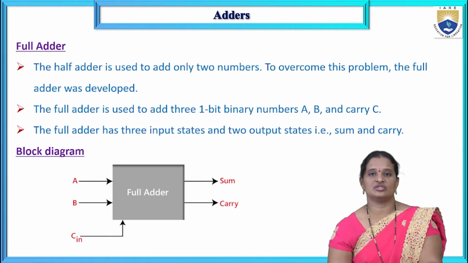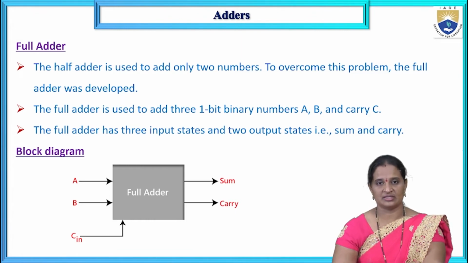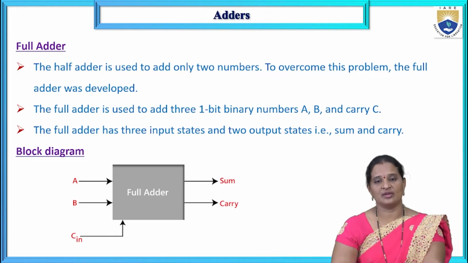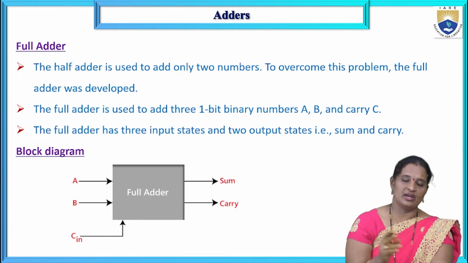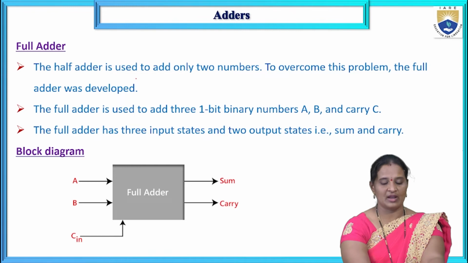That is a major drawback of the half adder. It cannot perform the addition of 3 bits, only 2 bits at a time, and that is why we are going for the full adder.